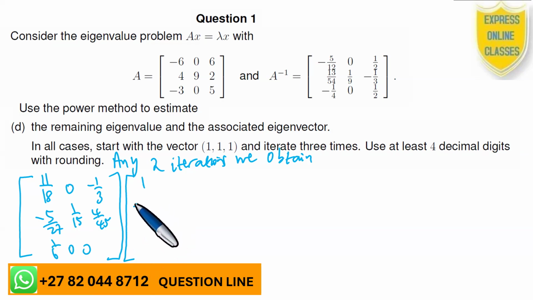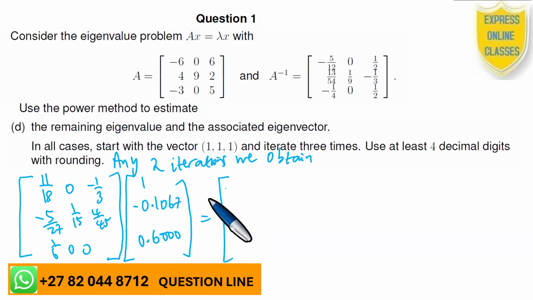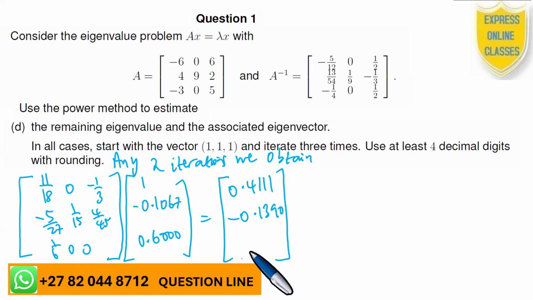Right, so we have the following. And this is exactly 0.4111, 1 minus 0.1390, 0.1667.